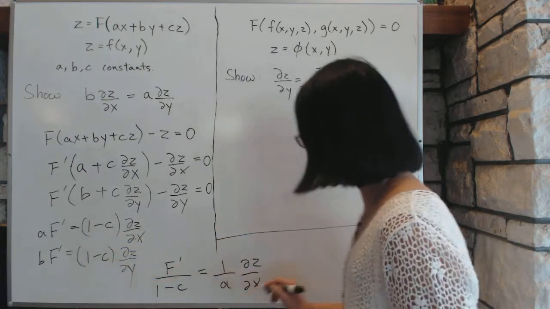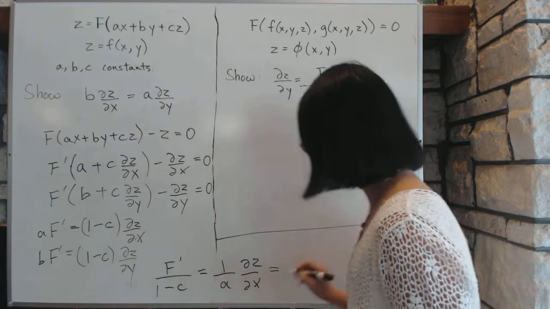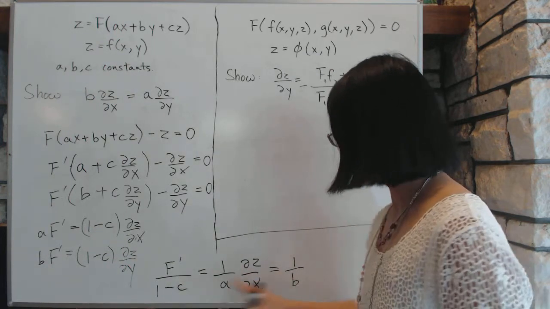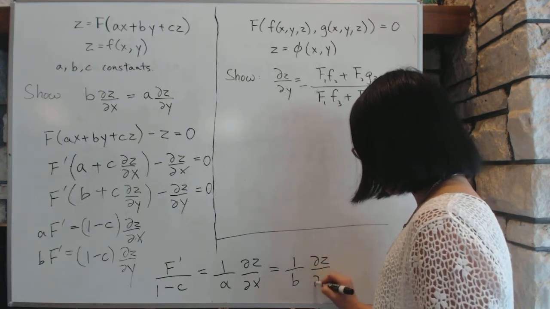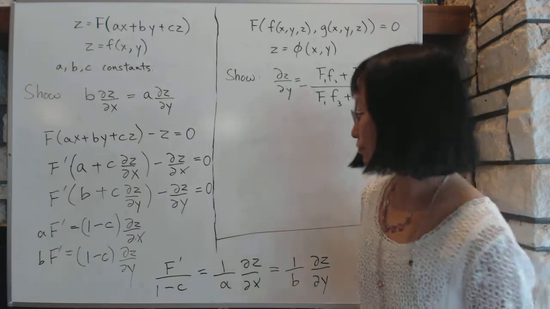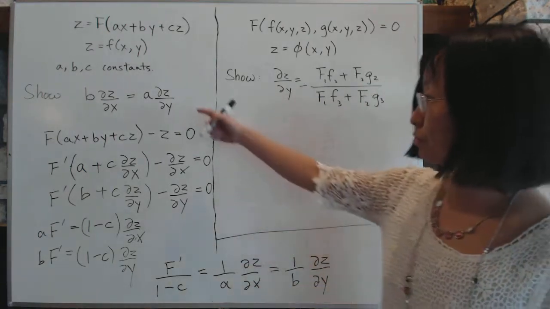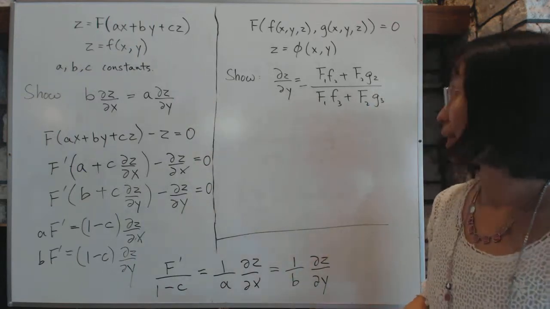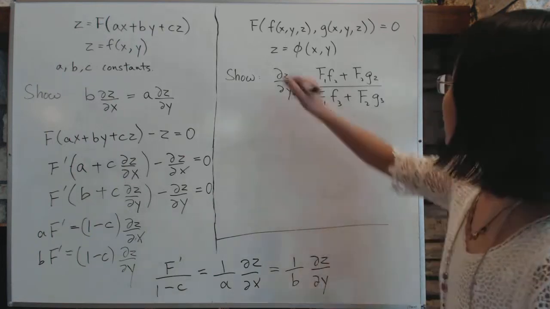And then we'll do the same thing here, moving 1 minus c down. We get this thing is also equal to 1 over b partial c partial y, from over there. And this is exactly what we're trying to prove, because the two equations are the same thing. That concludes that problem.